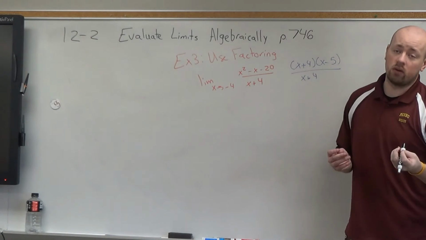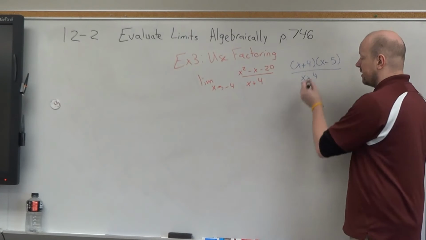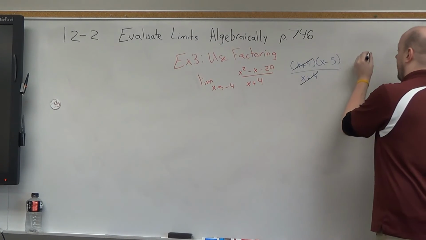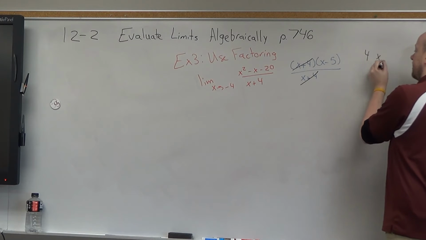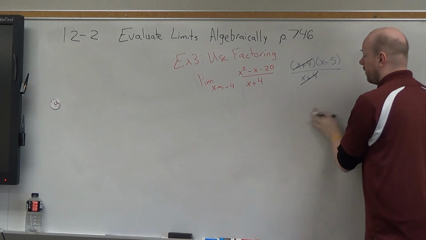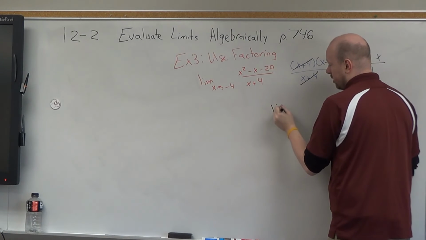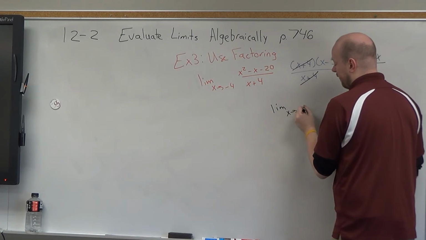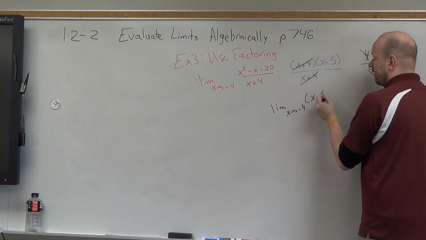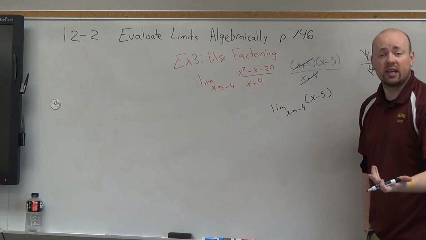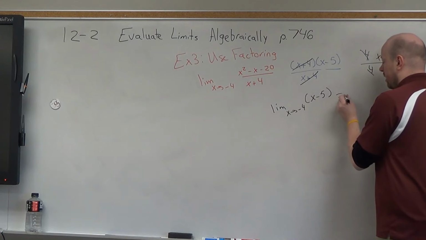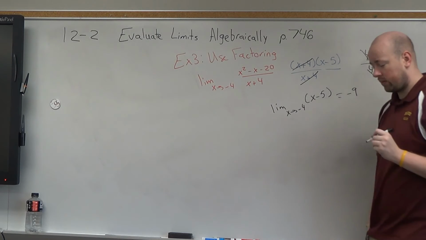I don't say 0, okay? It would be 1, so I can simplify them both out. It's like if I had 4x over 4, I could cross them both out and just have whatever's left. So my limit as x approaches negative 4 still holds, but all I have left is x minus 5. Now I can just do direct substitution. Negative 4 minus 5, so my limit would be negative 9.